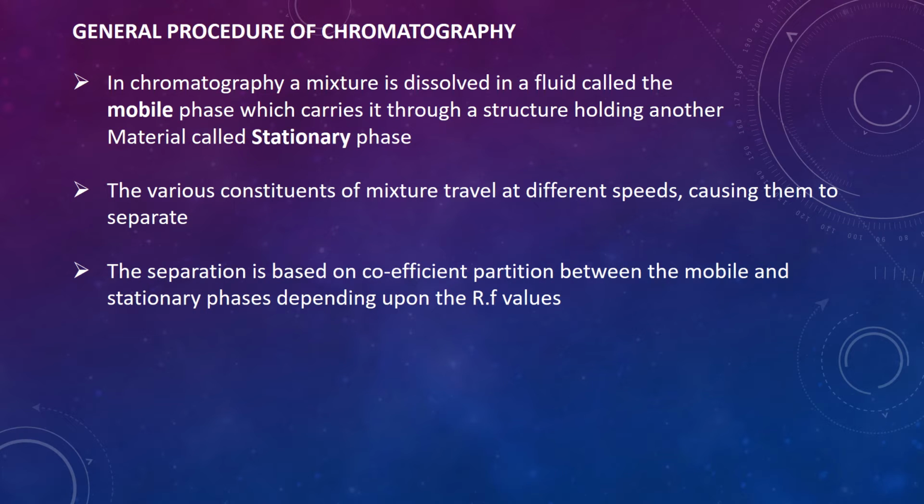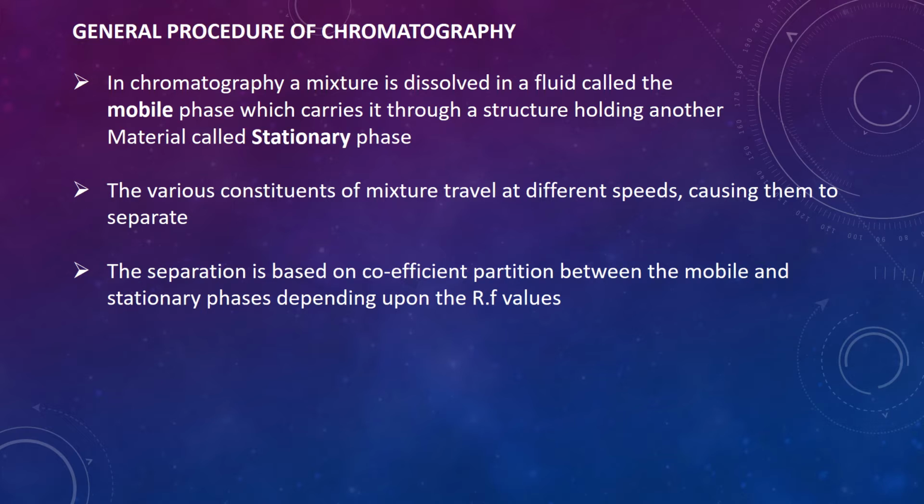On to the next topic, that is general procedure of chromatography. In chromatography, a mixture is dissolved in a fluid called the mobile phase, which is the movable phase and can be liquid or a gas, and it carries the mixture through a structure holding another material called the stationary phase.